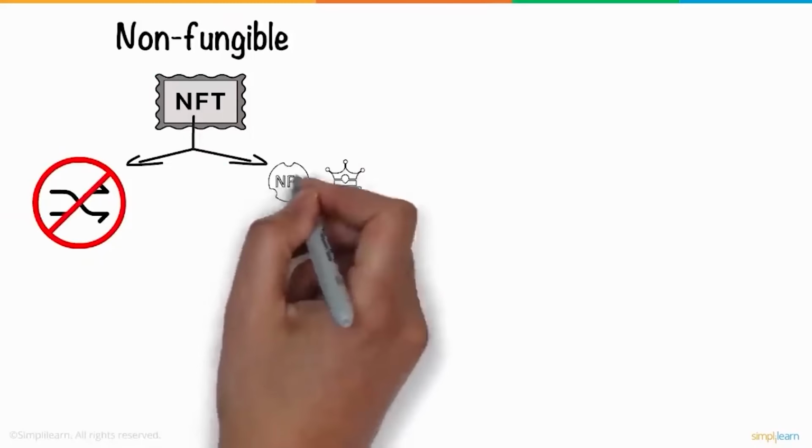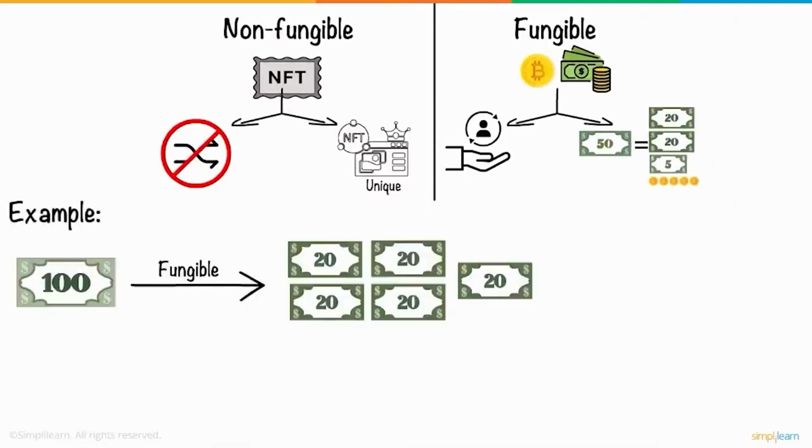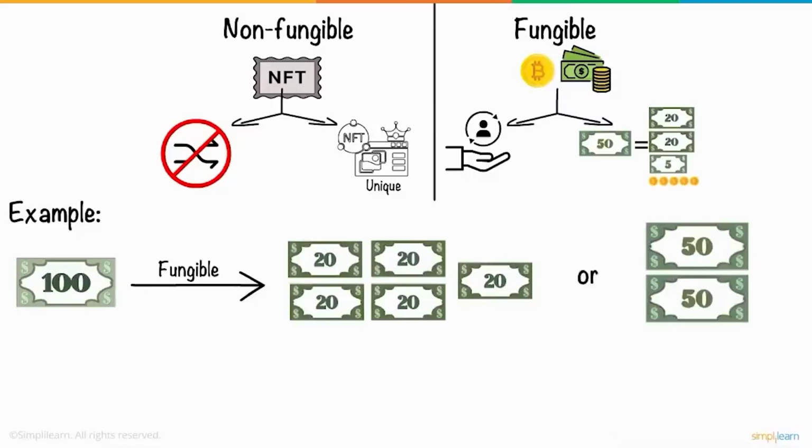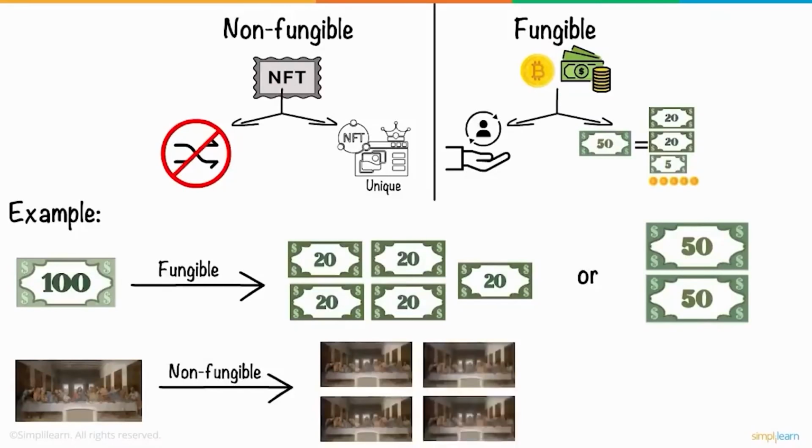On the other hand, fungible tokens are interchangeable and can be divided into smaller units to form the same value. For example, a $100 bill is fungible, as you can exchange it with 5 $20 bills or 2 $50 bills. But the painting of the Last Supper is non-fungible, as it cannot be generated in bulk. Even if it is copied, it will not be authentic.